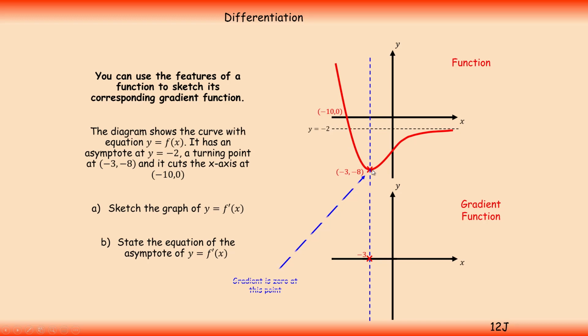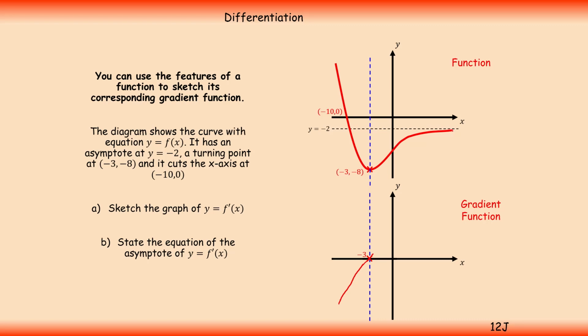So I can sketch that as negative, but getting less negative. So it's steep, it's getting less steep as we approach 0. It hits 0. And then on this section here, we've got a positive gradient that gets less positive, and it flattens out.